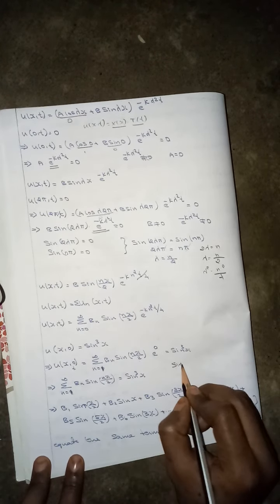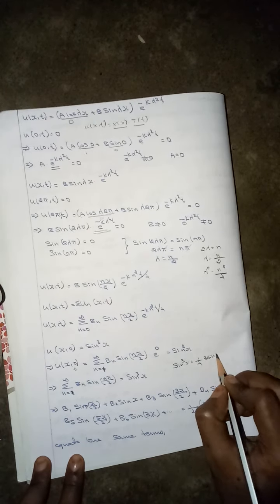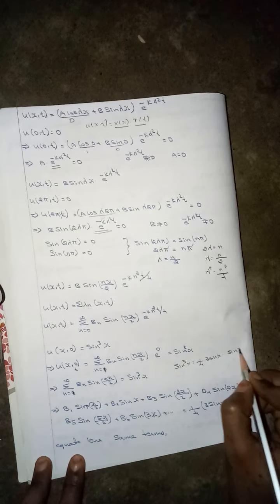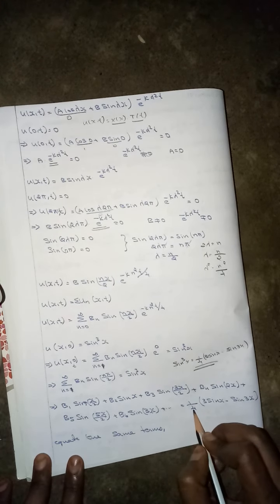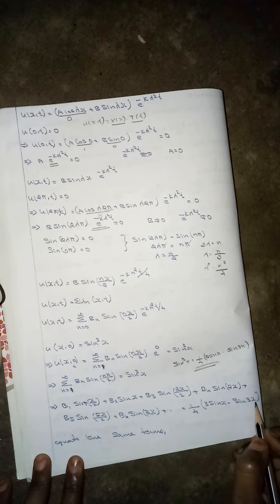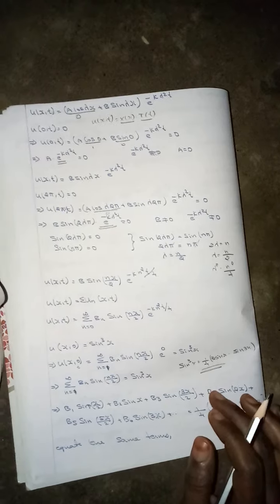Which is equal to, we know, sin cube x. Sin cube x is equal to 1 by 4 into 3 sin x minus sin 3x, right? Applying this here: 1 by 4 into 3 sin x minus sin 3x. Equate the same terms.